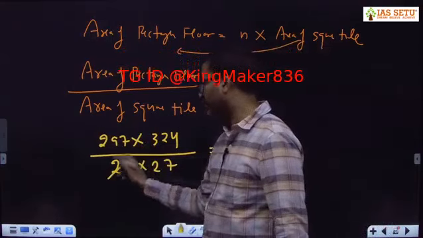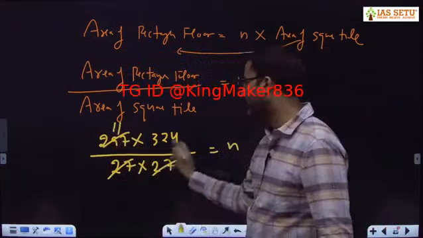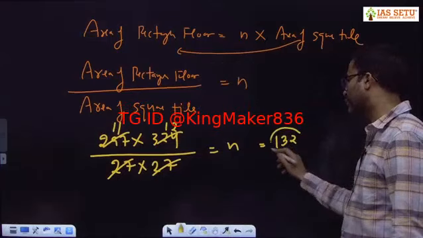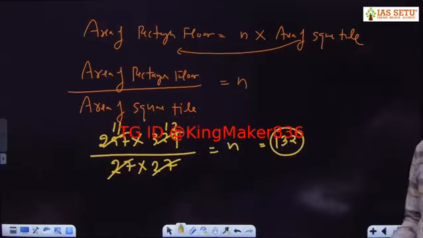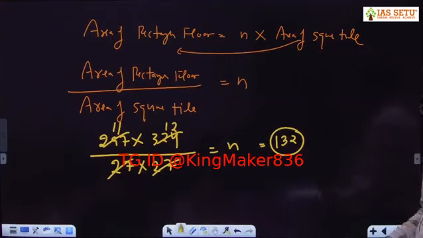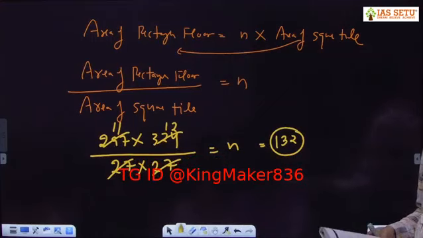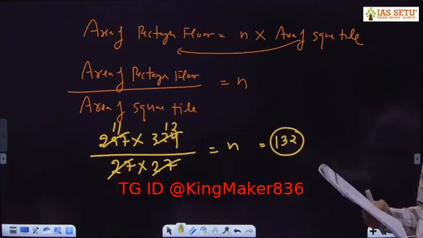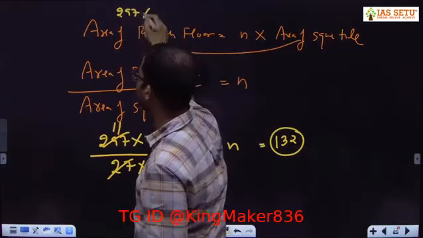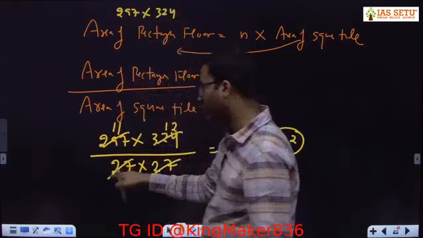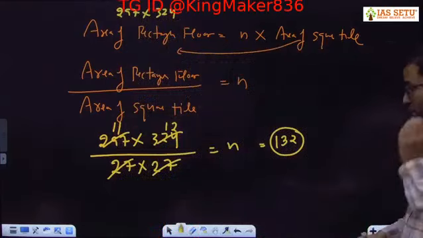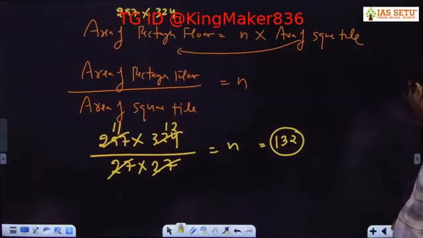If you simplify this, it will come 11, it will come 12. 11 into 12 is 132. नहीं, पहले वाला क्वेश्चन है जो बुकलेट में दिया है. क्वेश्चन नंबर 26, where dimension is 297 centimeter by 324 centimeter, उसमें तो 27 आया था, 29 जो आपने सॉल्व किया उसमें आया. सेकंड क्वेश्चन which I have dictated उसमें निकालेंगे.